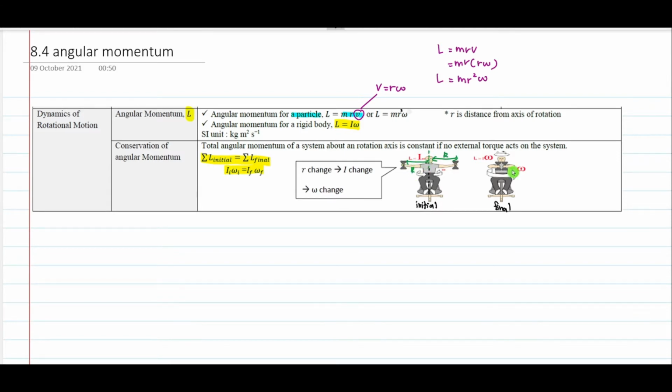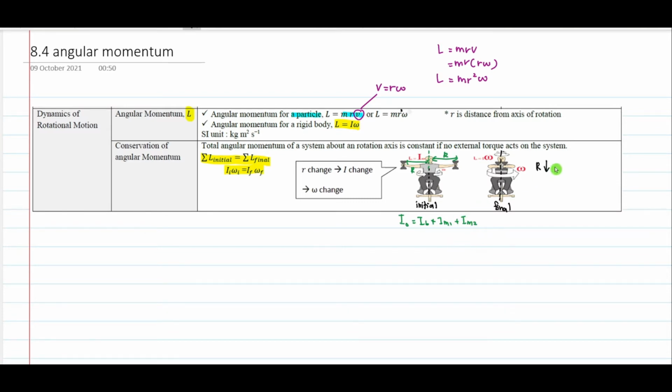So what happened when the mass is located close to the axis of rotation? Here we can see that the distance between the mass and the axis of rotation is reduced. Initially, the moment of inertia is equal to the moment of inertia for the man, ataupun saya tulis the moment of inertia of a body, plus the moment of inertia for mass 1 plus the moment of inertia for the second mass.